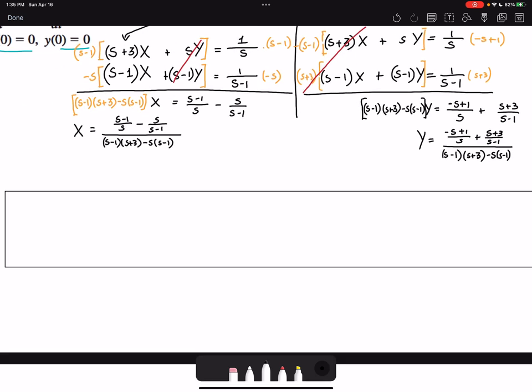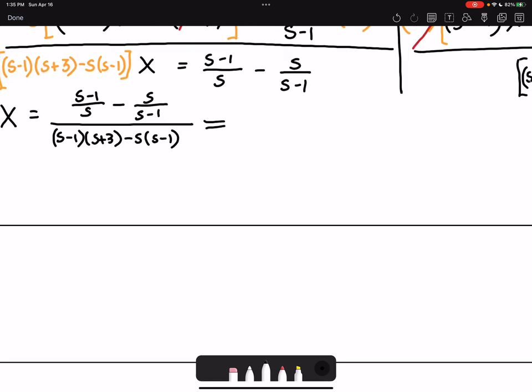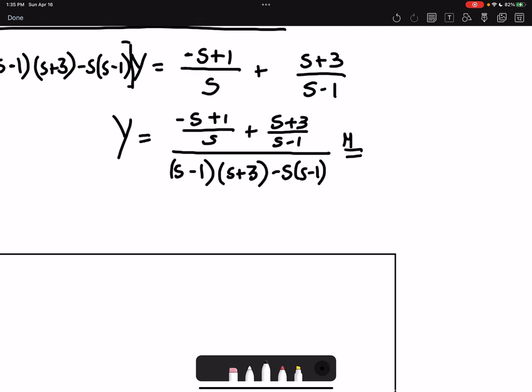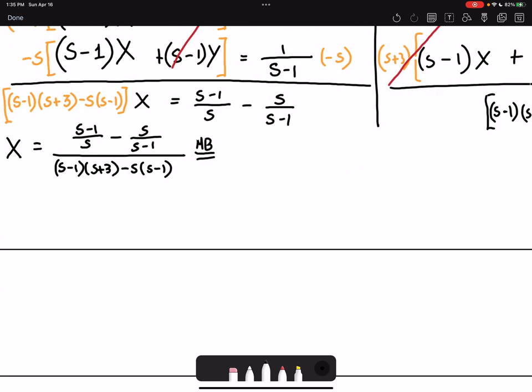And now we want to put these in partial fractions. So with MATLAB, let's see what we get out of this. And I'll show you how to do this whole problem in MATLAB in the second part of this video. So I go over to MATLAB, and I put in the part frac, we have s minus 1 over s minus s over s minus 1.